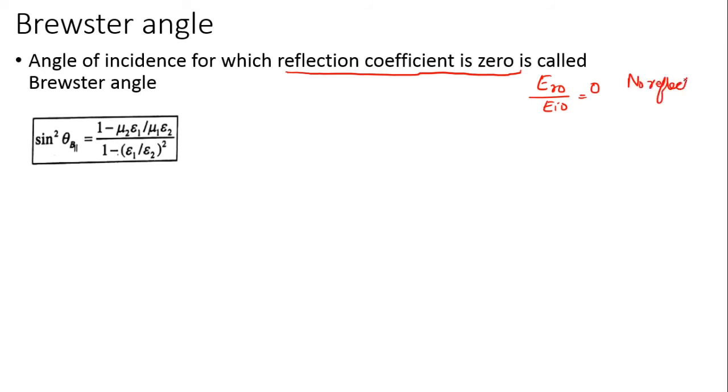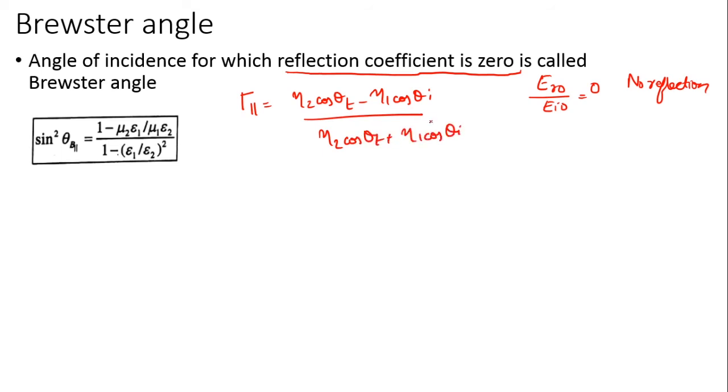The angle of incidence at which that happens is called the Brewster angle. So what is the equation for the reflection coefficient in parallel polarization? It is eta 2 cos theta t minus eta 1 cos theta I divided by eta 2 cos theta t plus eta 1 cos theta I. So this is the equation.